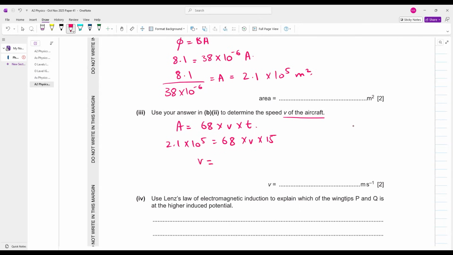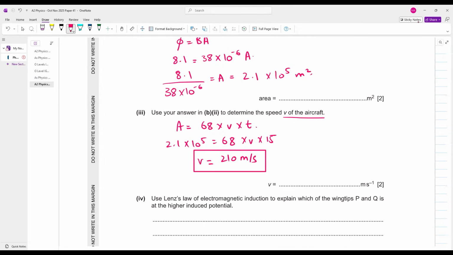Can you calculate the velocity v? Just divide the left hand side. Velocity comes out to be 210 meters per second. Easy peasy, nothing complicated.